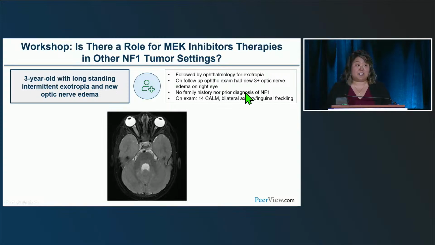She didn't have any family history, nor did the patient have a diagnosis of NF1, but on exam, she clearly had multiple cafe-au-lait macules, bilateral axillary freckling, and met clinical diagnostic criteria for NF1. And this is her MRI here that shows a right pre-chiasmatic optic nerve pathway glioma.